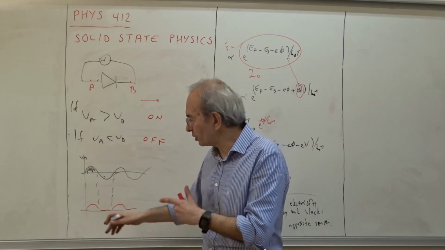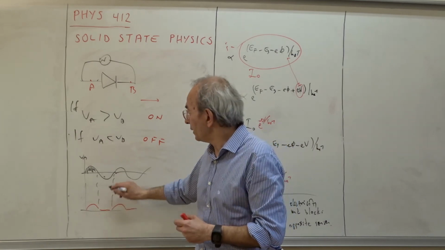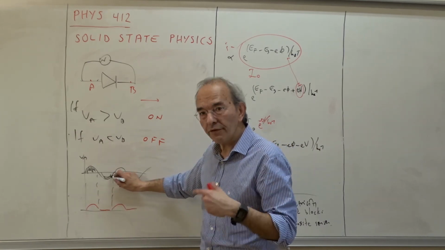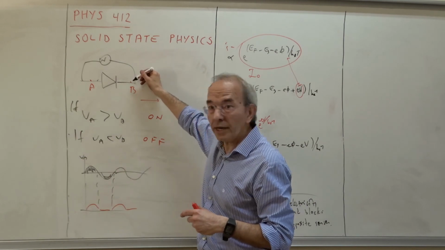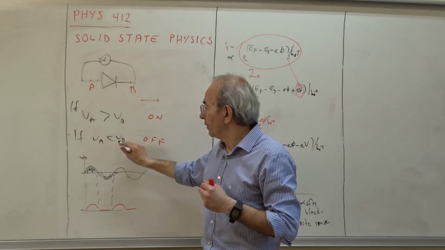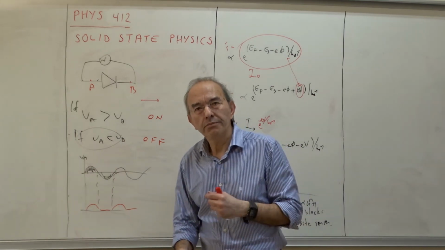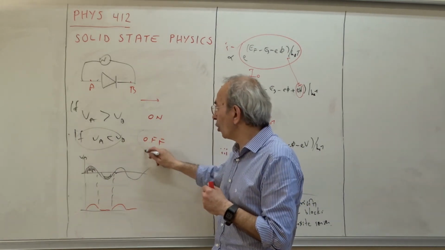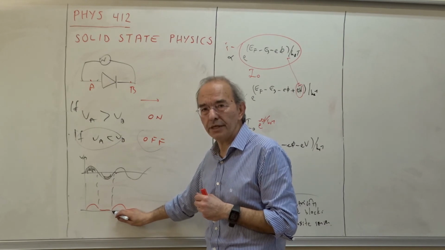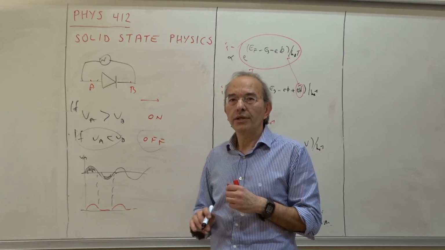It is also a sinusoid. But in the second half of the cycle, this part is more positive, so that second condition is met. Therefore, it is off. It is off means there is no passing current, and it continues in this manner.